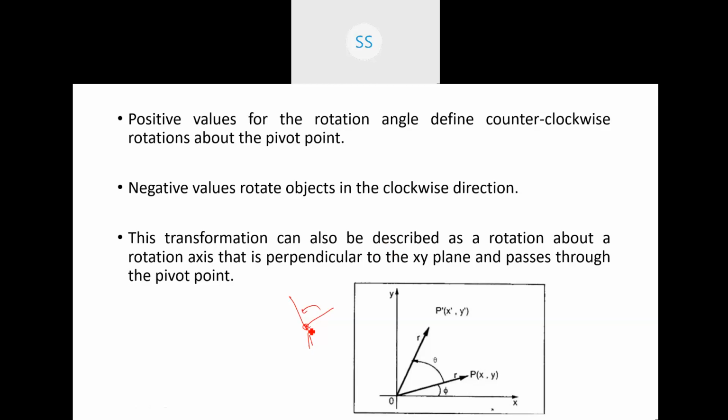It is considered perpendicular to the xy plane and passes through the pivot point. So the transformation is described as a rotation about a rotation axis that is perpendicular to the xy plane, and it passes through the pivot point. The pivot point here is 0, 0.